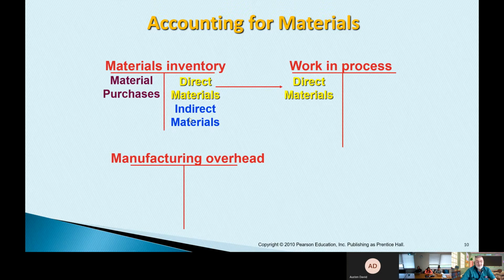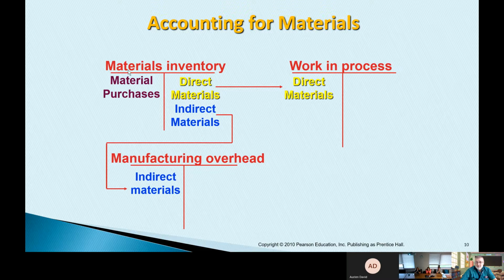Remember, we were talking about where you think the indirect materials is going to go? That's going to go into our manufacturing overhead. Remember, the easy way to remember this, anytime you see the word indirect, it's always going to go into overhead.